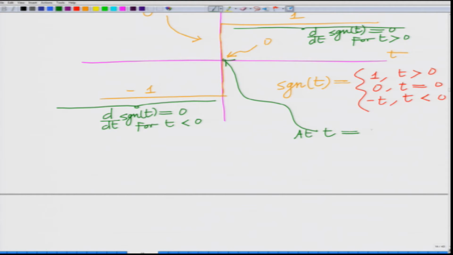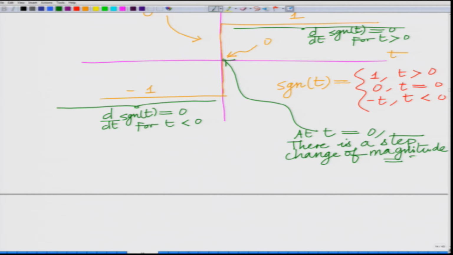So, at t equal to 0, there is a step change of magnitude equal to 2. Therefore, d by dt of sgn(t) equals 2 delta(t) at t equal to 0.